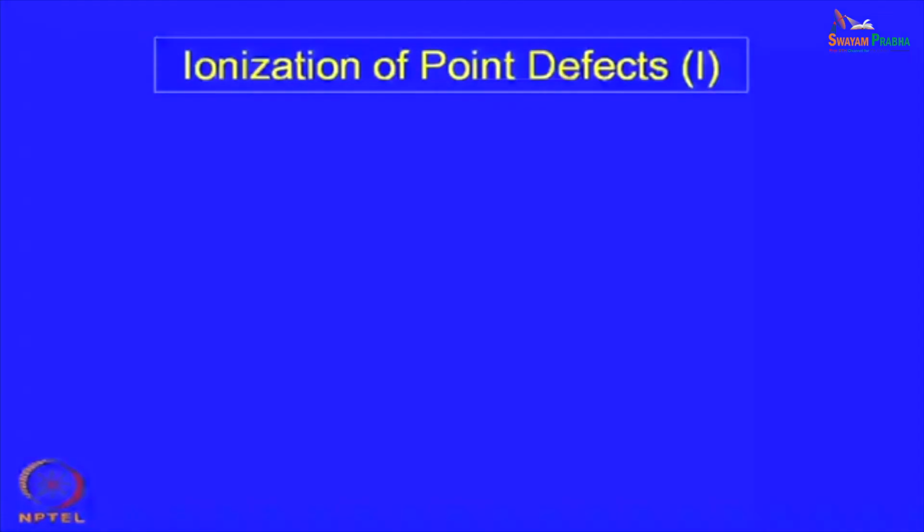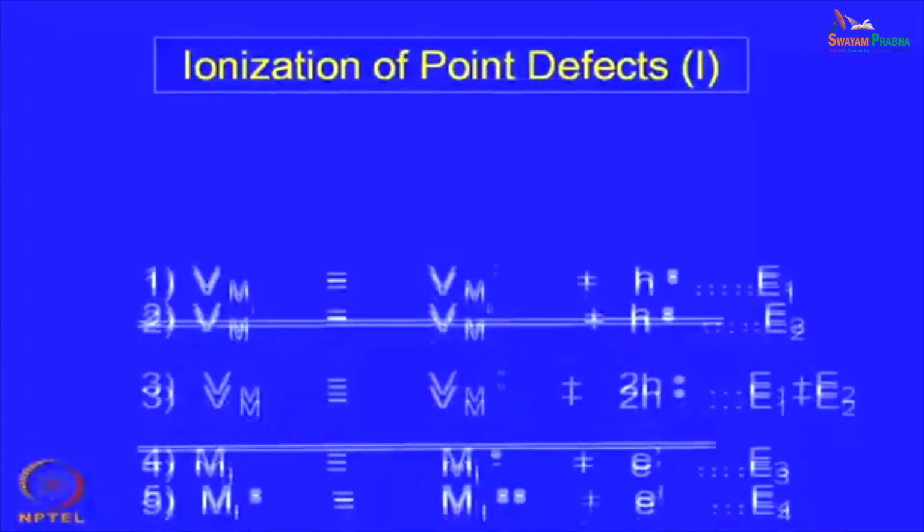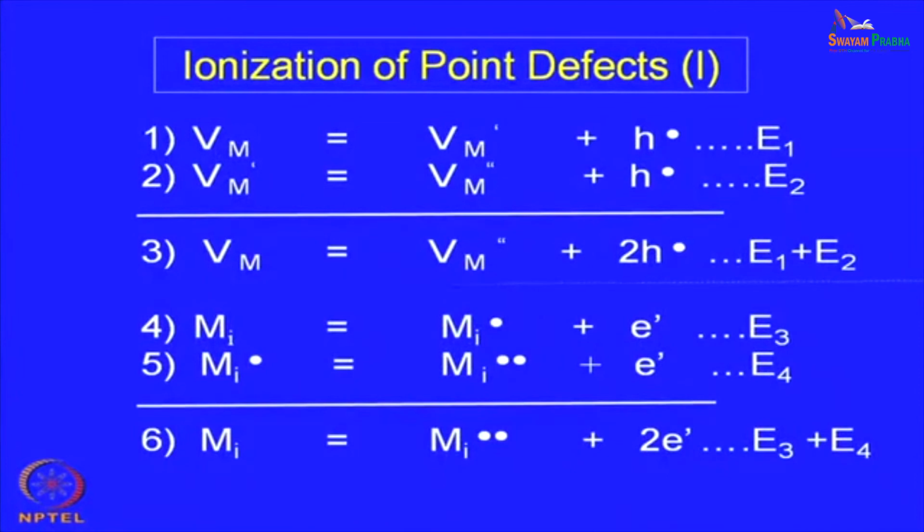So, since we are talking about neutral defects and charge defects, there is a possibility of ionization. That is what really happens. We have discussed 2 different situations.